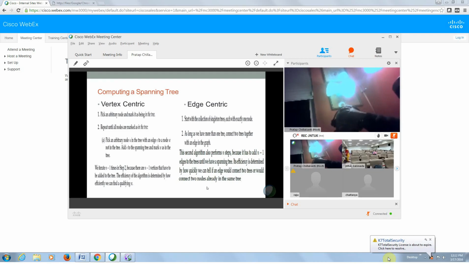It never said it should include all edges. It only said it should include all vertices. Spanning tree means all vertices. Okay? So then, after you select one arbitrary node, then you pick some other arbitrary node in the tree with an edge E to node W0 in the tree. Okay? And then you keep adding it.